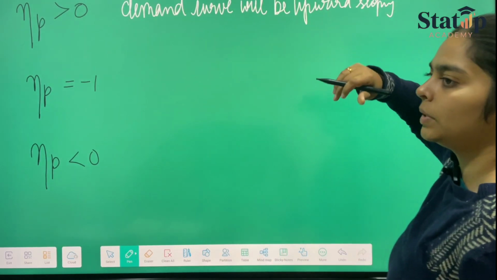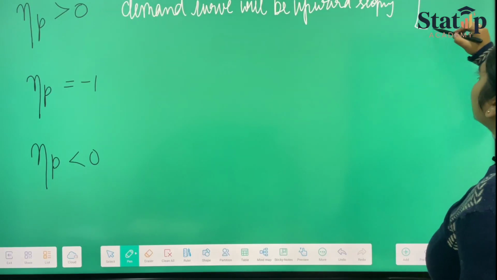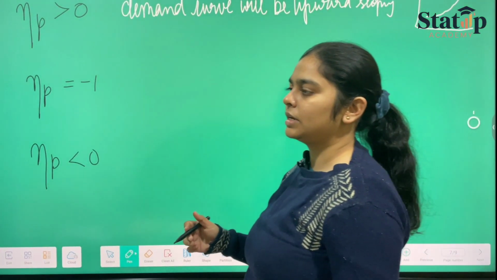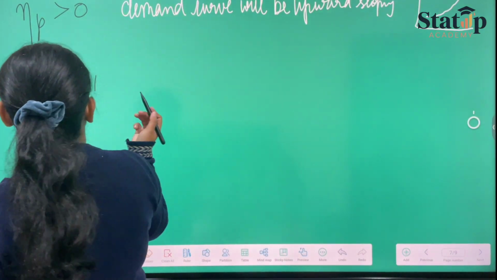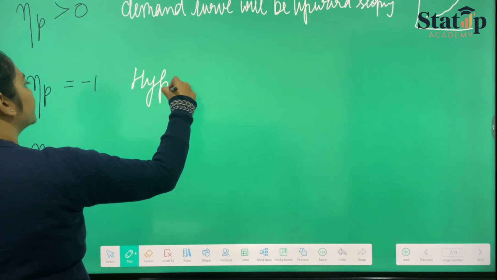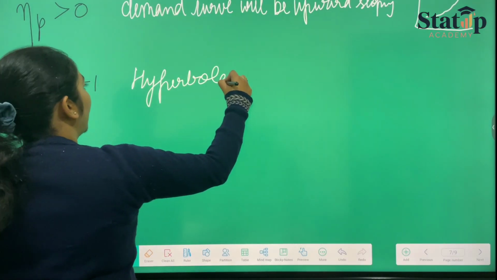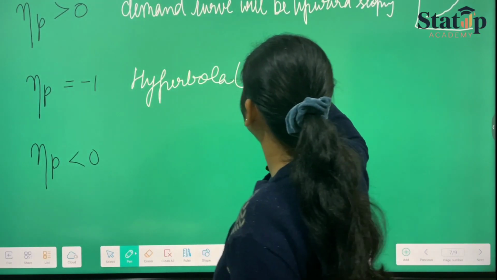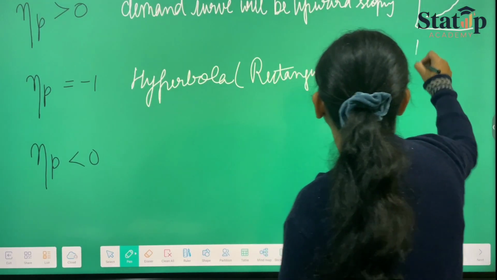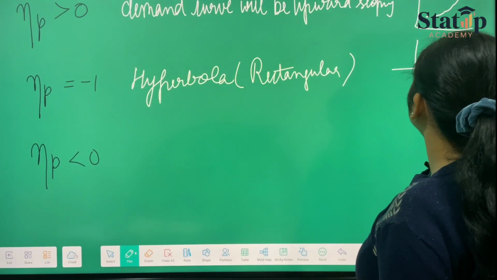It wouldn't be directly like this, but it will be like this. If eta, price elasticity of demand, is negative, then we know that the shape is hyperbola. Actually, rectangular hyperbola or equilateral hyperbola, whatever you can say, which is nothing but equal to this.